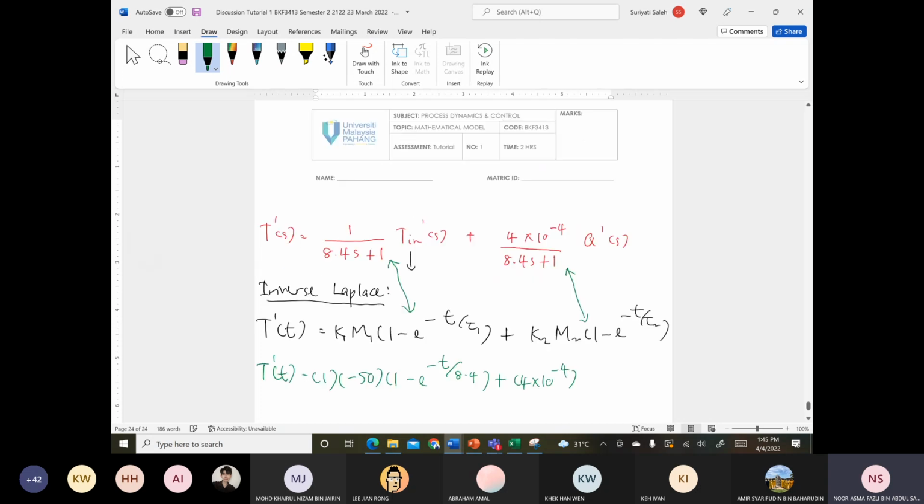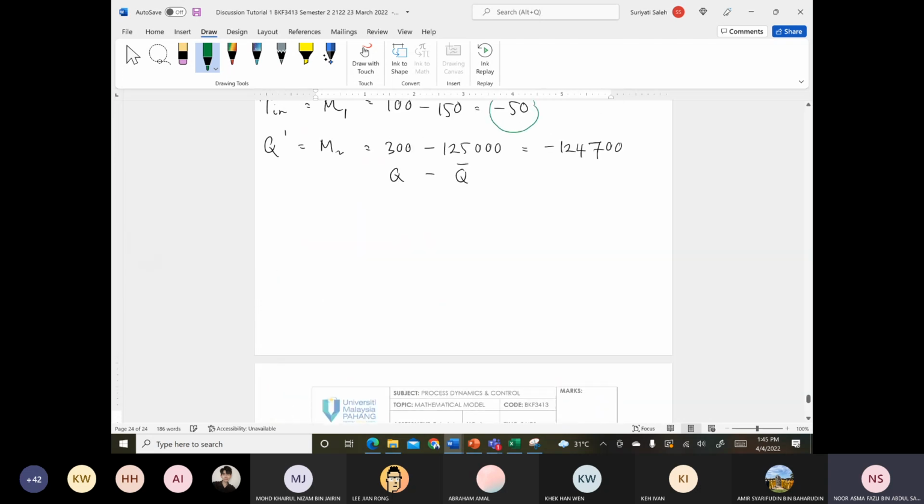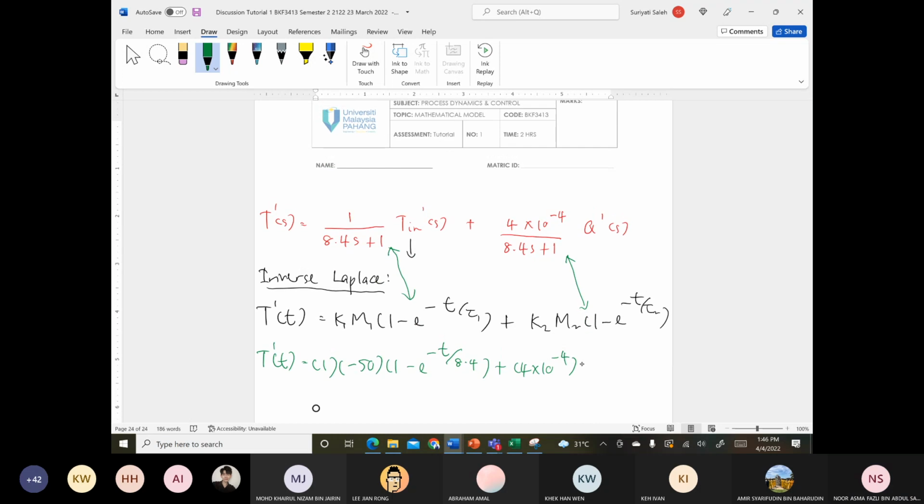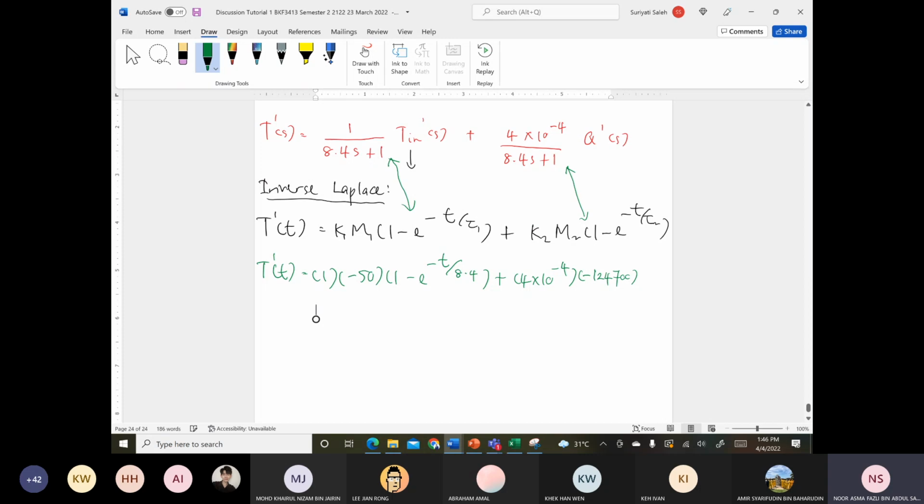And then M2, based on the Q magnitude, which is negative 124,700, multiplied with 1 minus exponent negative t over 8.4.